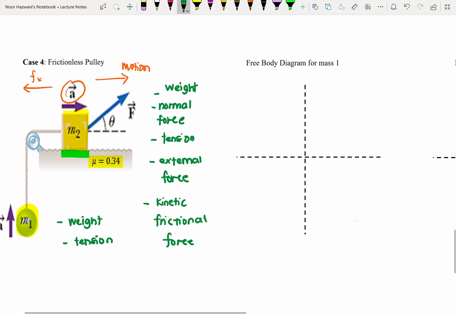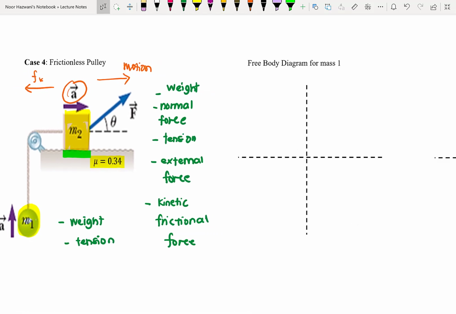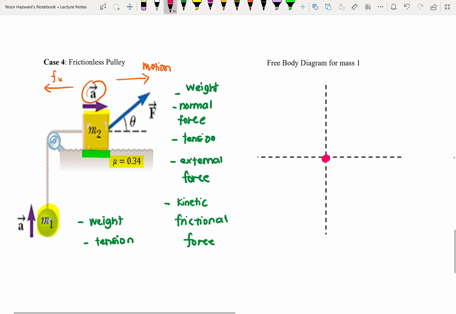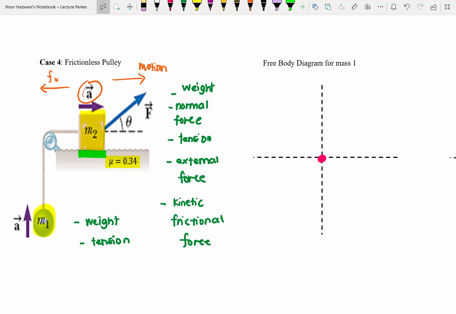Okay, let's draw our free body diagram. Draw the x and y axis, put the dot. And then we start with mass number 1. So we have weight, always pointing downward, but I label it with W subscript 1 to differentiate between M1 and M2. And then we have tension, which is pointed upward.